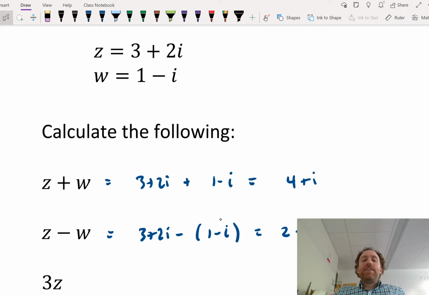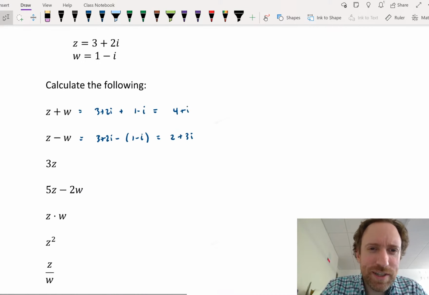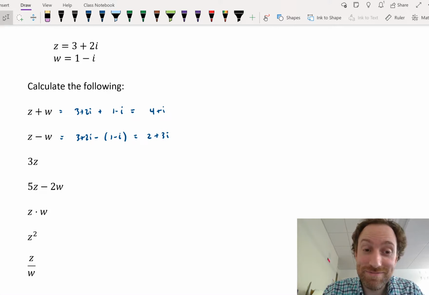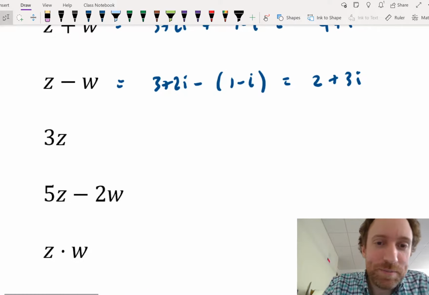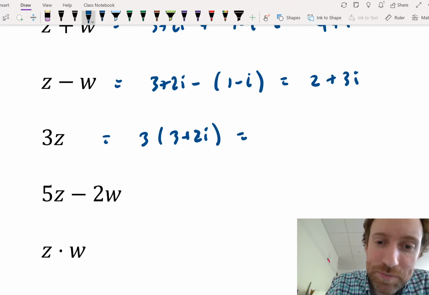If this gives you a hint for how to do the rest, then feel free to continue practicing. You can pause the video again if you want. Otherwise, I will continue in a few seconds. Okay, so here we have 3z, which is 3 times 3 plus 2i, and we will use the distributive property. 9 plus 6i, that was that.